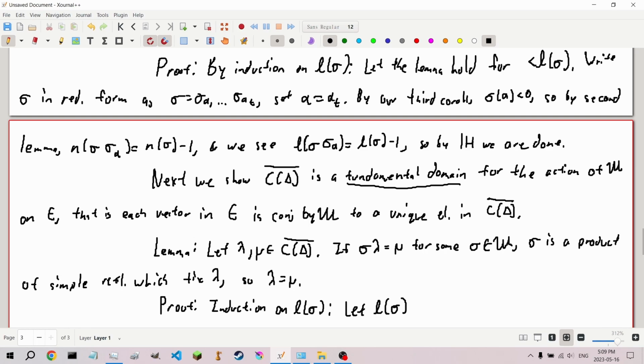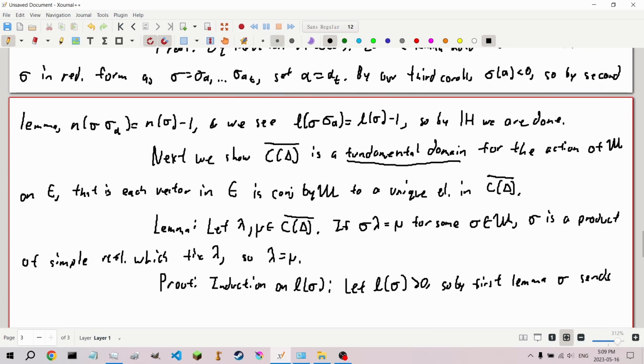Let the length of sigma be positive. So by our first lemma, sigma sends some positive root to a negative root.